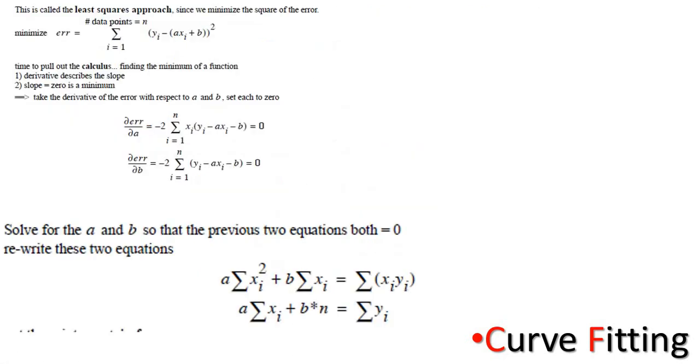Solve for a and b so that both equations give 0, and we write these two equations. So here is our curve fitting formula using the least squares method. This formula is very important throughout this exercise. Okay, let's start with the exercise. We will continue in the next video.